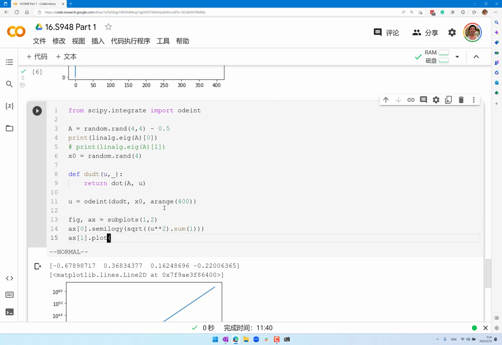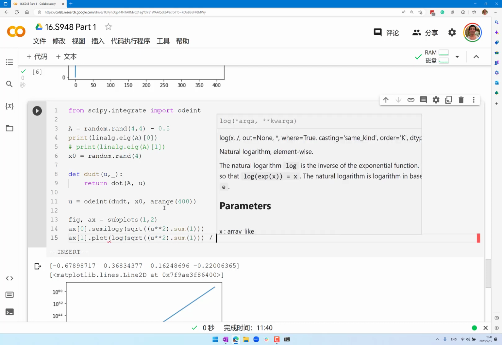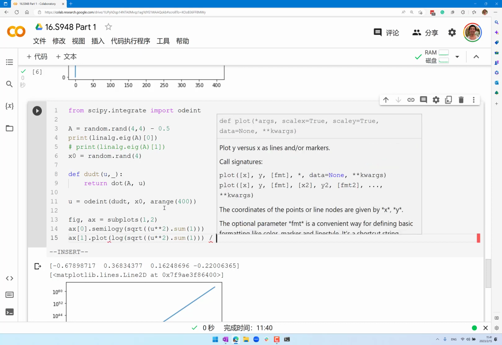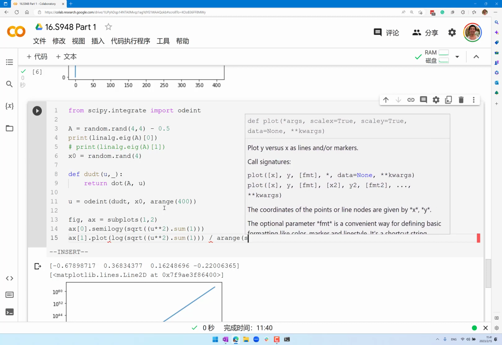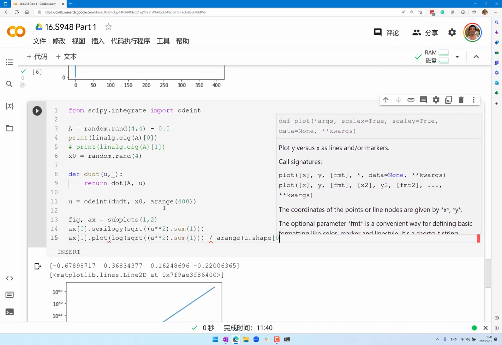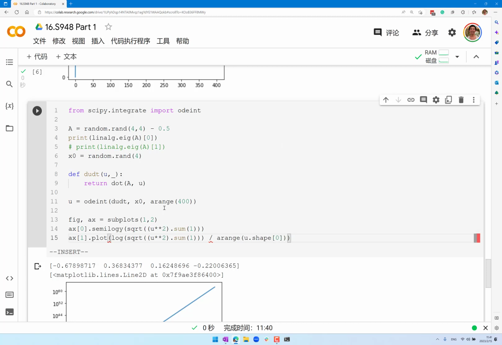And for the second, I'm going to plot the logarithm of the magnitude divided by t, which is a range of u.shape[0], right? So that's how many times we have.